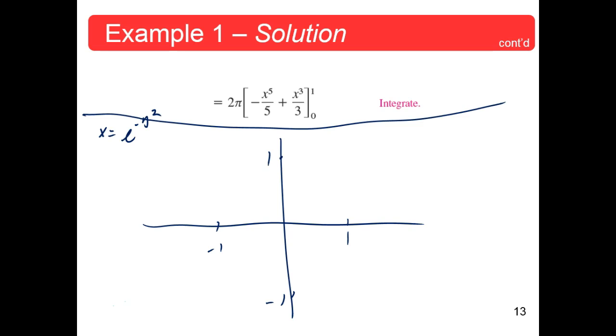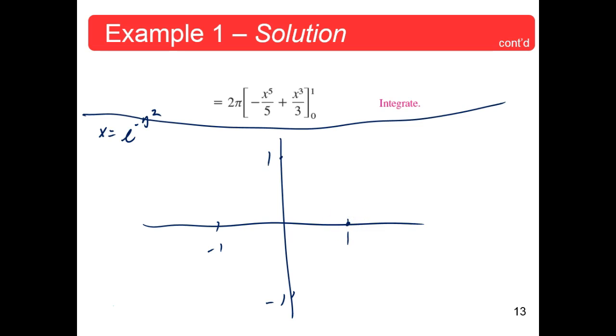The y's are going between 0 and 1. So what is the x value when y is equal to 0? 1. Okay, so that's where we're starting.